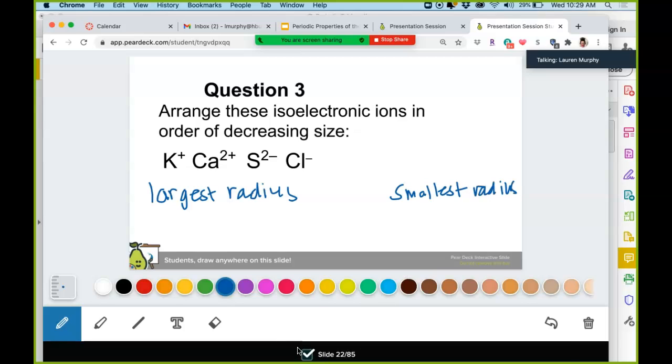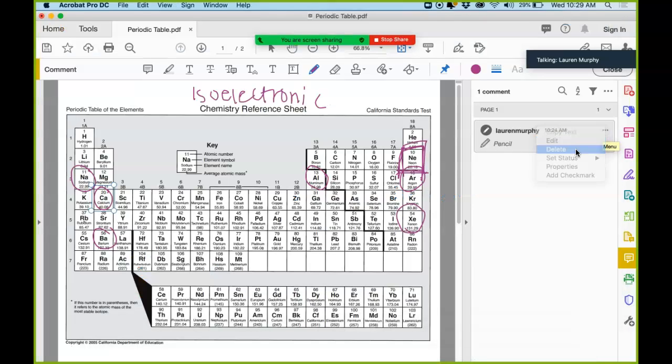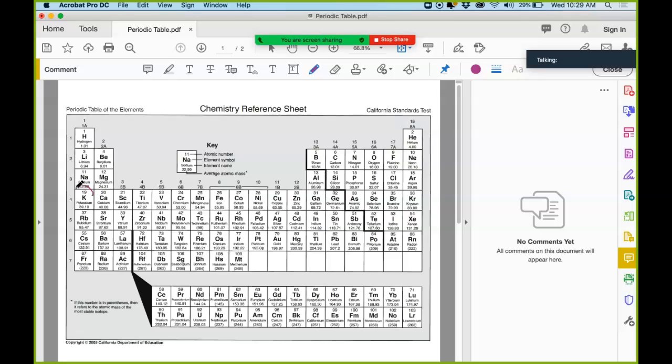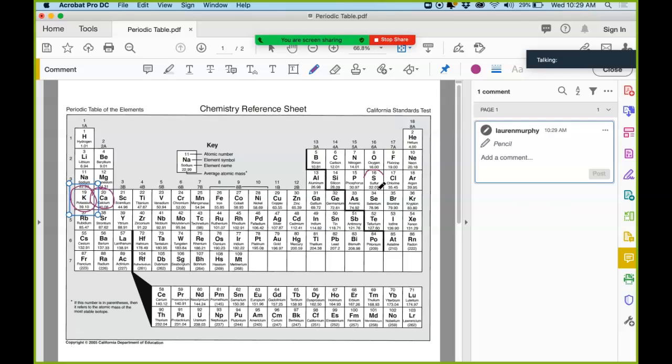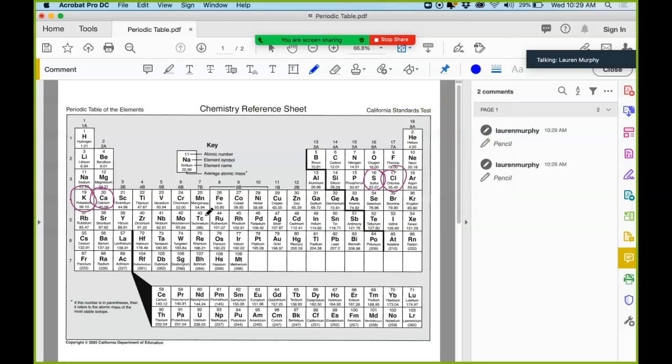Now, if you notice, all 4 of these ions are isoelectronic with one another, all 4 of them. And who are they all isoelectronic with? So when potassium loses 1, it's isoelectronic with argon. When calcium loses 2, it's isoelectronic with argon. When sulfur gains 2, it's isoelectronic with argon. When chlorine gains 1, it's isoelectronic with argon. Meaning all these guys have the same exact number of shells of electrons. They all have 3 shells, right?